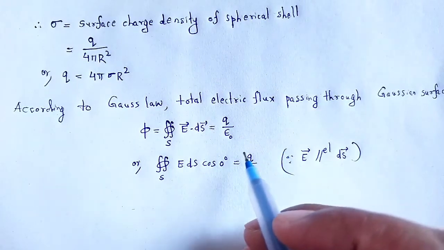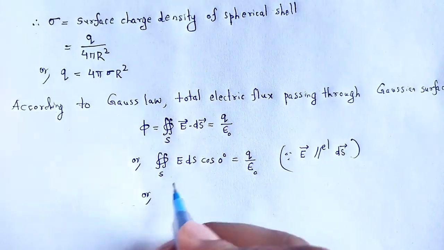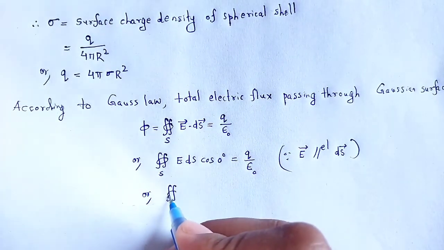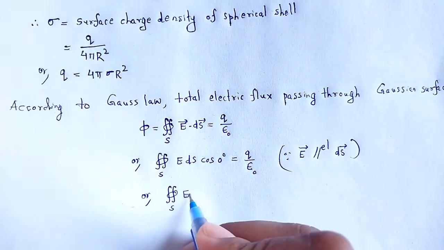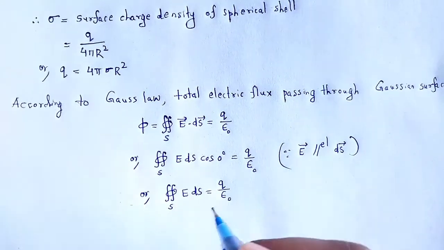Therefore, the angle between them is 0 degree, so the closed surface integral over S of E ds is equal to Q divided by epsilon naught.